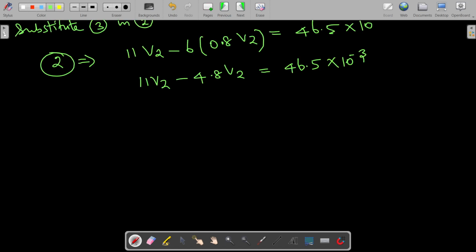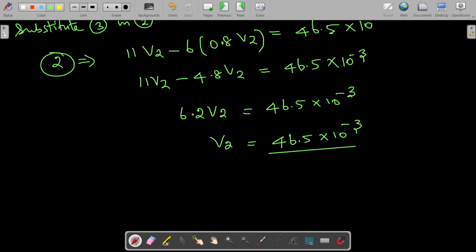So it is 6.2 V2 equal to 46.5 × 10^-3, or V2 is equal to 46.5 × 10^-3 divided by 6.2. So this is equal to 7.5 × 10^-3. So V2 is equal to 7.5 millivolts.